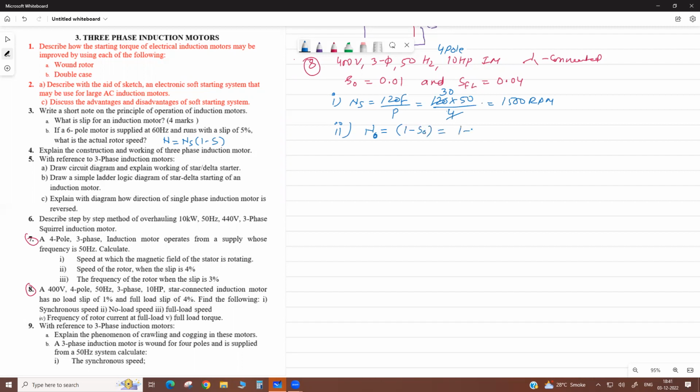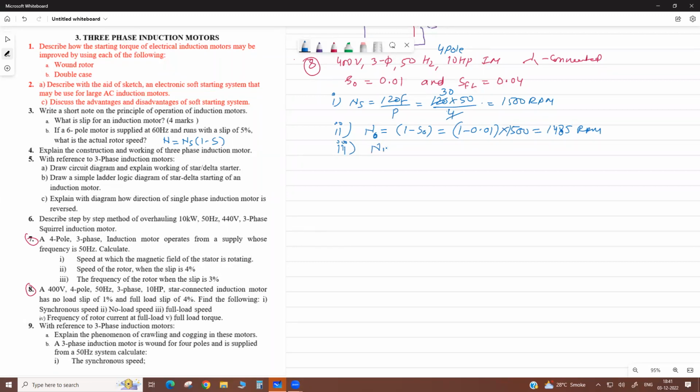It comes 1 minus 0.01 into 1500, which is 1485 RPM.